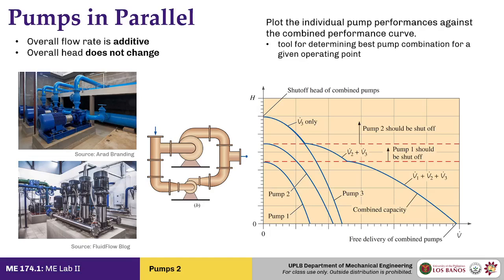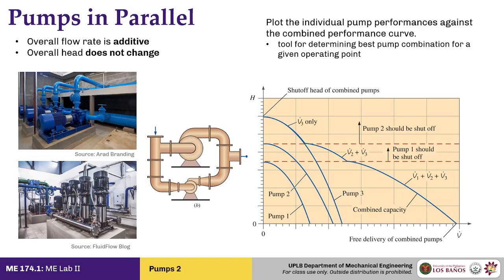So for pumps in parallel, what you are looking out for is the smaller pump's discharge head limit. Essentially, the top of this curve is where the pump can no longer provide flow above this particular head.